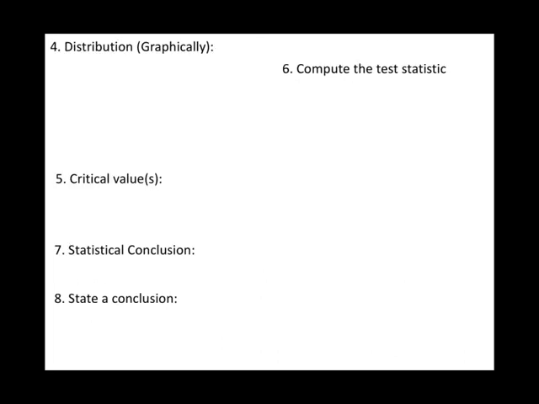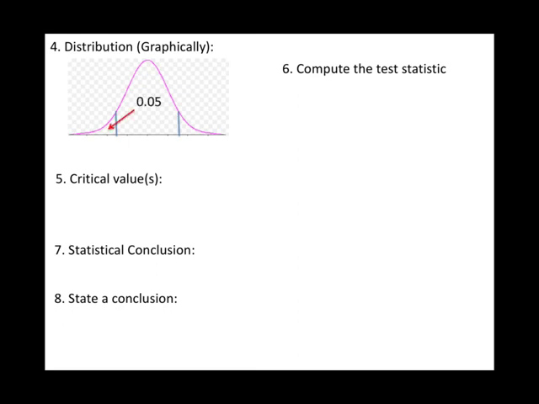Okay, distribution. We have the t distribution with two tails. And this is the critical value method. So the area of the two tails will be equal to your significance level, which is going to be 0.05.